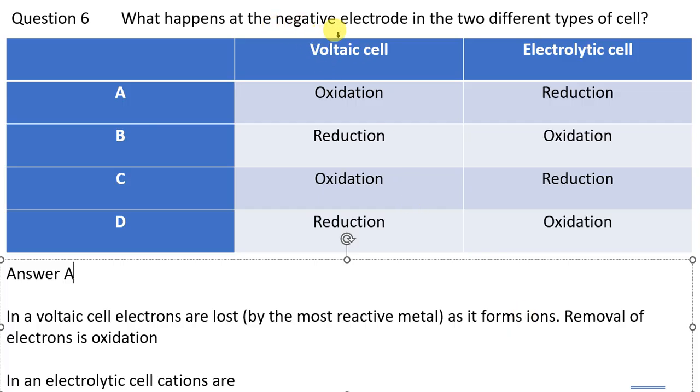Now, that will happen at the negative electrode. Electrons lost there, that's oxidation. A or C. In the negative electrode in an electrolytic cell, let me actually show all the answer. Cations are reduced. They're attracted to the negative cathode and are reduced, giving me A.